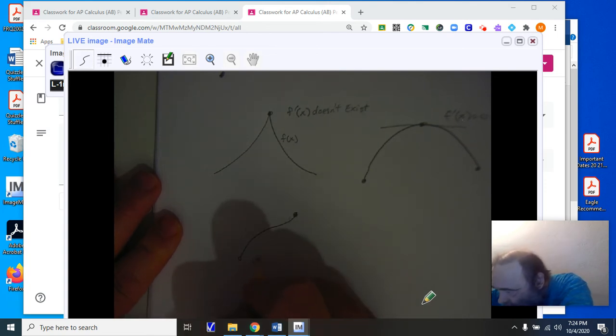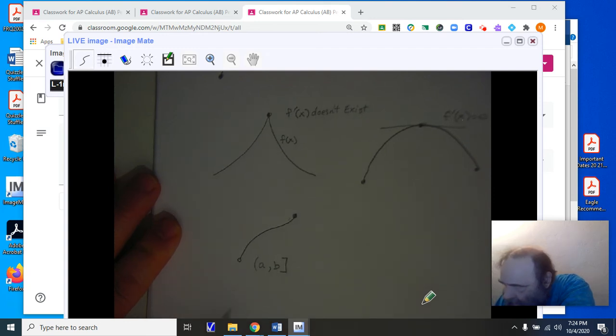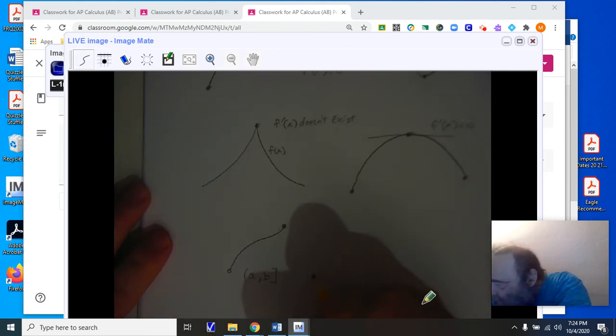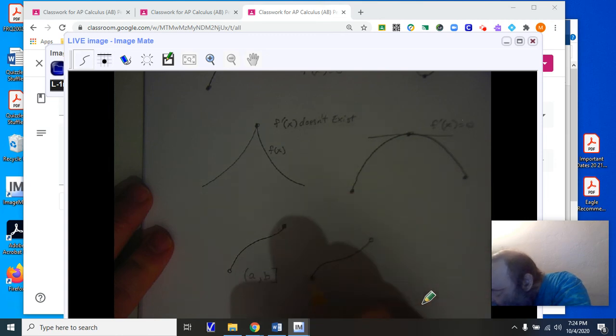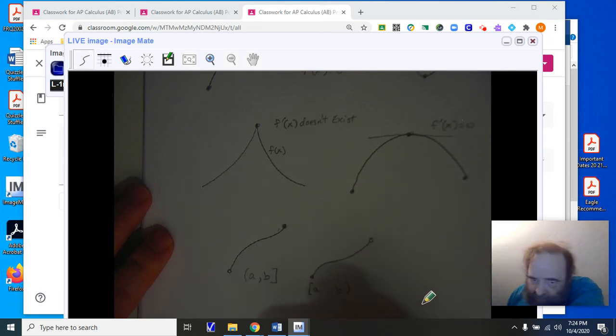This would be an open interval a to b. And in the open interval a to b, we no longer have an absolute minimum. If we put it on the other end, we now have no absolute maximum. And we're now looking at a to b with parentheses.